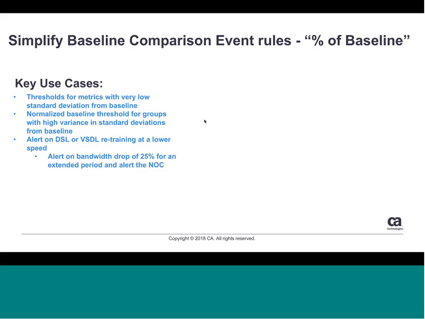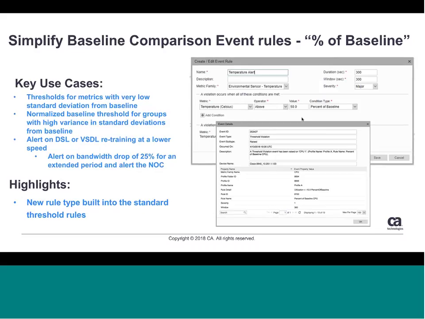That can be a little bit tricky to understand, but also in certain environments where certain technologies have finer tolerances, or the data does not deviate very much at all, you're able to now trigger a new event type that's going to allow you to do a percent of baseline.